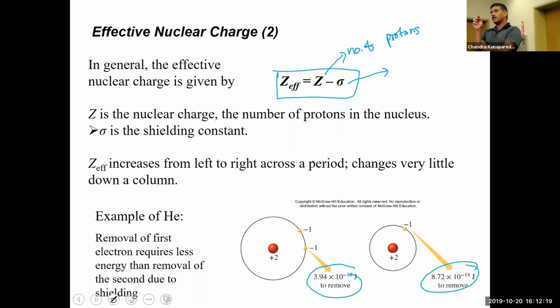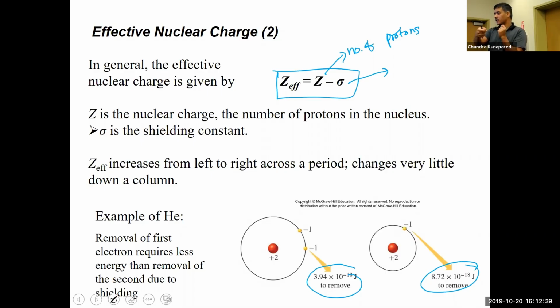Removing the first electron is easier because the other electron is shielding the Z effective from it by crossing in between them.